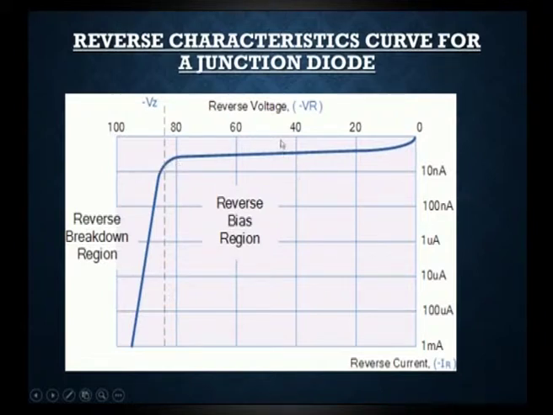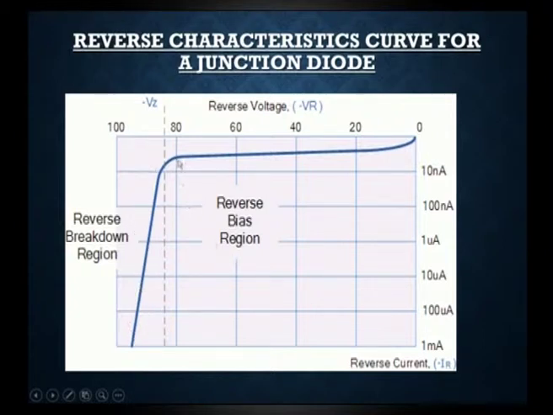The change in the current here is very small, and after this, at minus Vz, the breakdown voltage, whenever the voltage reaches here, the current changes abruptly. This is called the reverse breakdown region, where for a small change of voltage there will be a large change in the current. That is why it is called the reverse breakdown region.